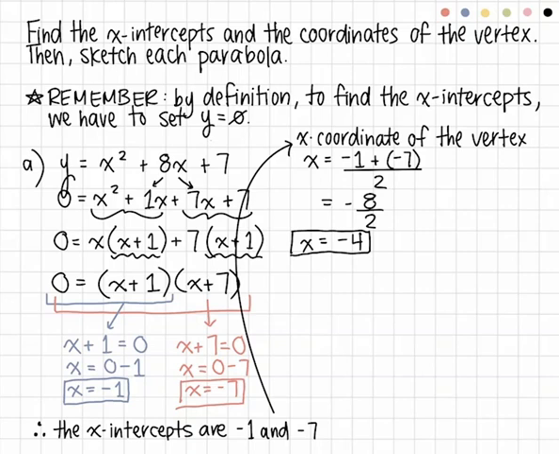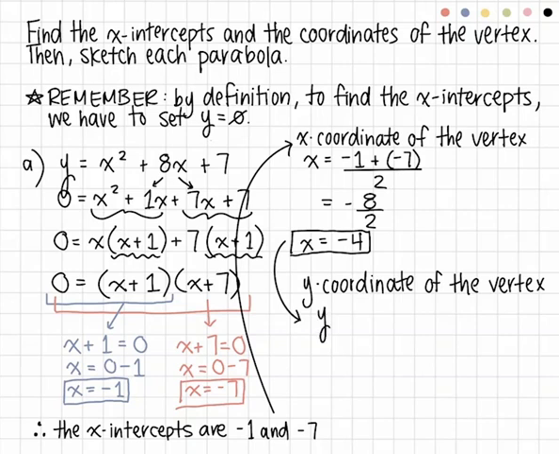Now to find the y-coordinate of the vertex, we're going to do that down here. I'm going to take the x-coordinate that I just found of the vertex, and I'm going to substitute it into the original trinomial. So we're going to go from this to this over here. Hopefully these arrows aren't confusing you.